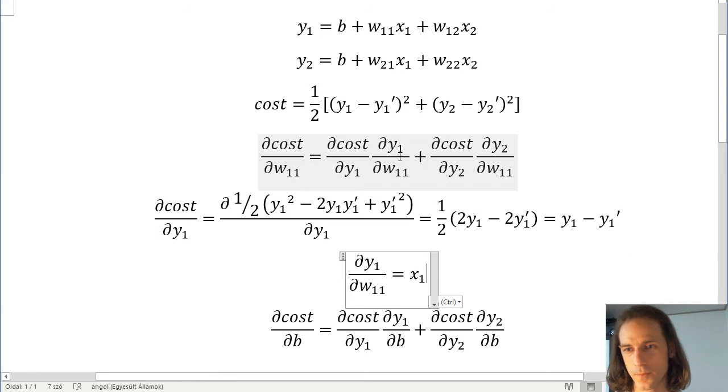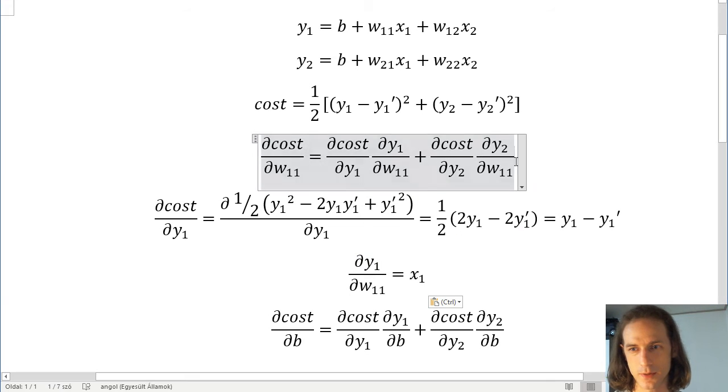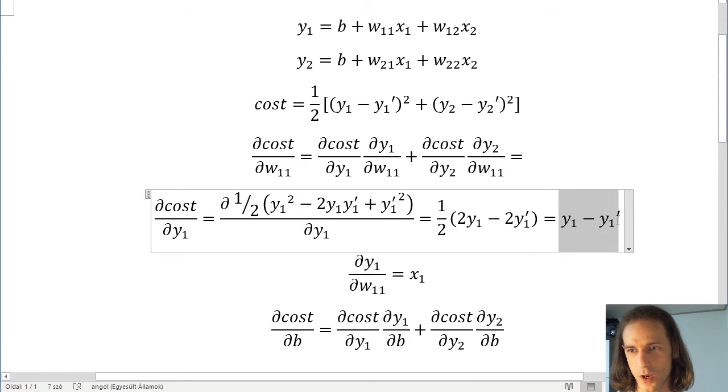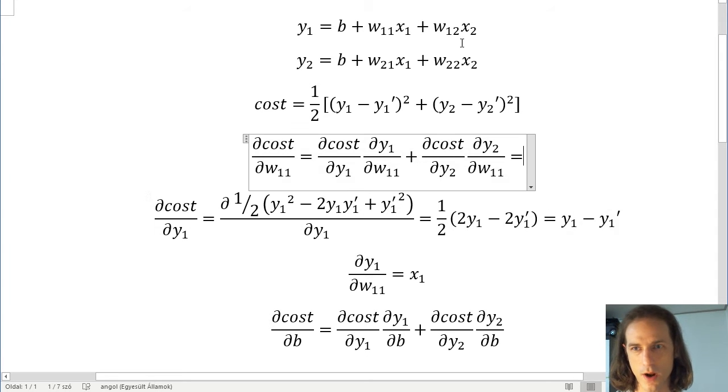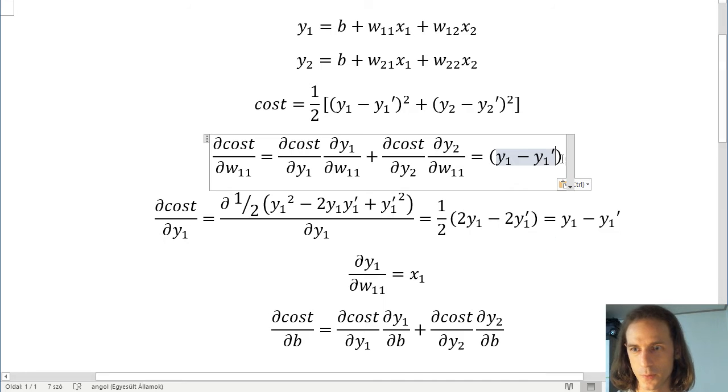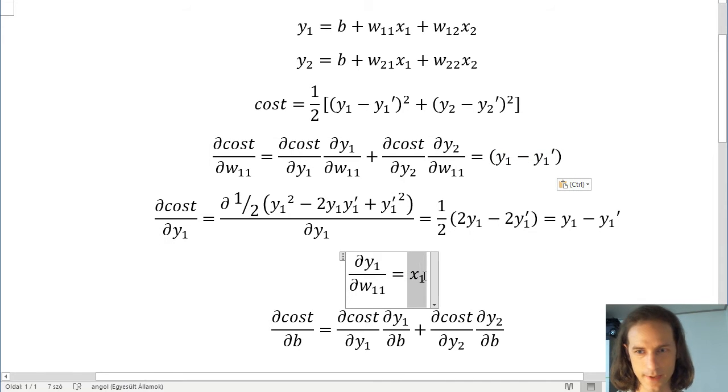So if you go back here, let's see. So this is going to be y1 minus y1 prime. I should put the prime here inside the bracket, and it will be multiplied by x1, of course.